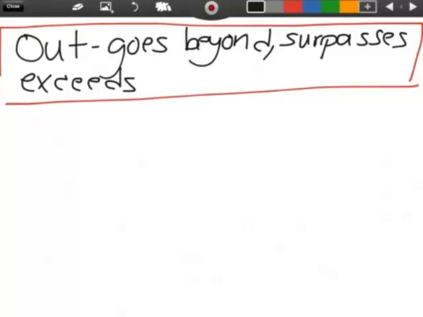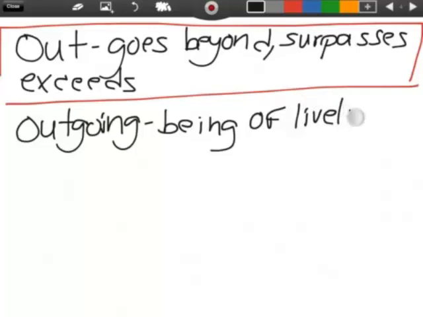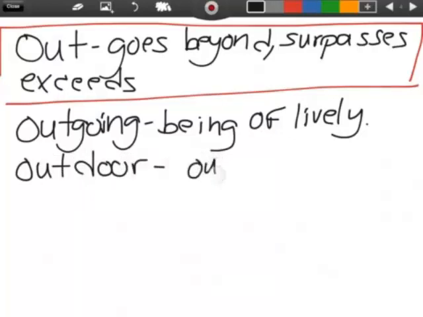One of them is going to be outgoing, and that means being lively. I'm going to give you another example, outdoor, and that means outside.